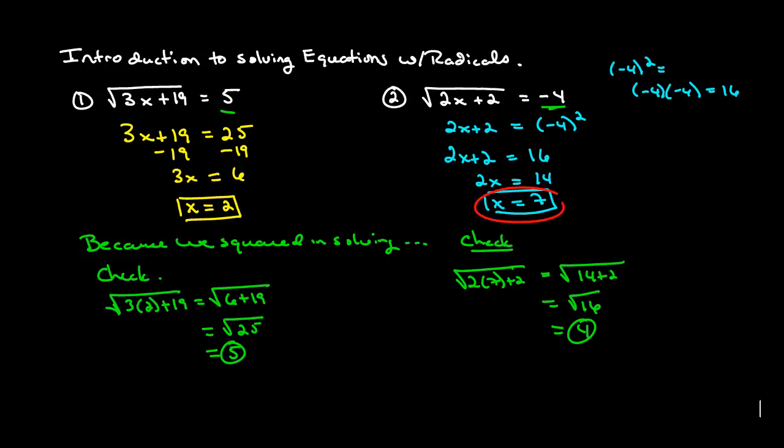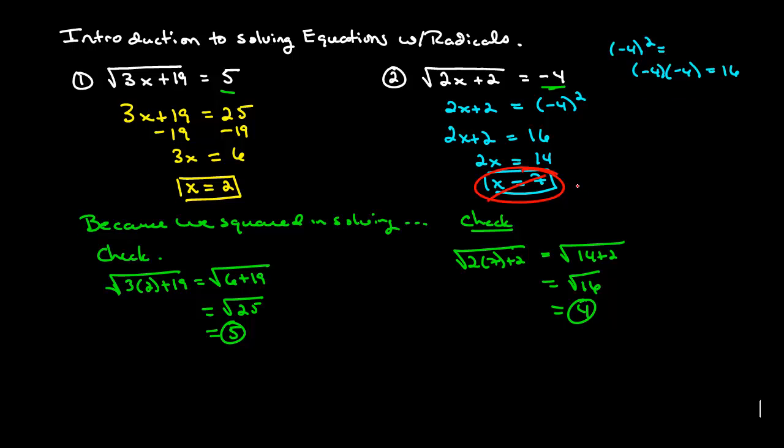So this guy is not a solution. And since I only had one solution and now I ran out, the answer for this is no real solution. Whereas the answer to this is that x is equal to 2. So this guy has a solution. This guy over here, this equation right here, does not.